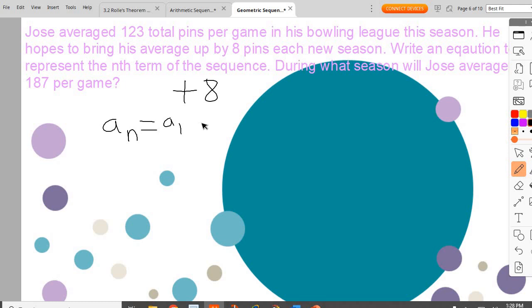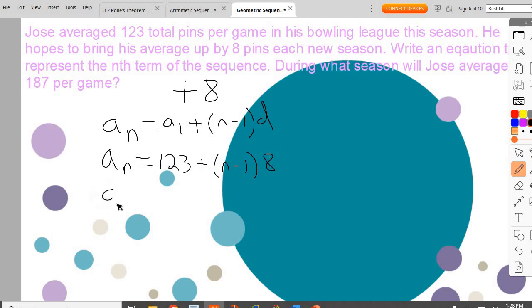So what's our general formula for that? a sub n equals a sub 1 plus (n minus 1) times d. So what is a sub 1, or the first term? 123. And then what is he hoping to increase it by? 8. So that's my d value.